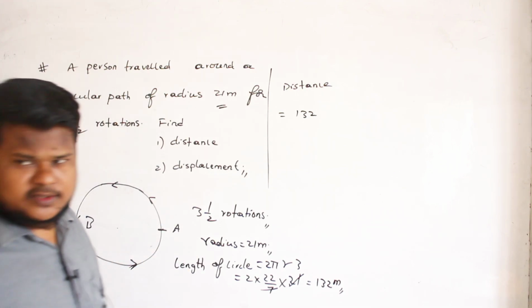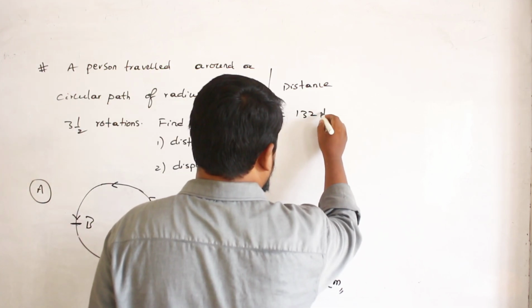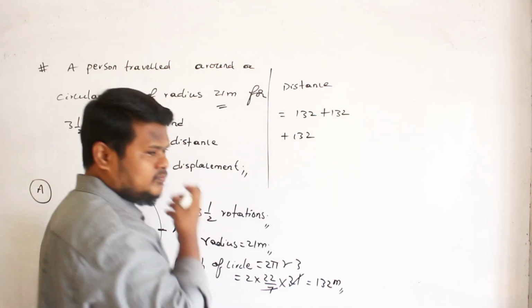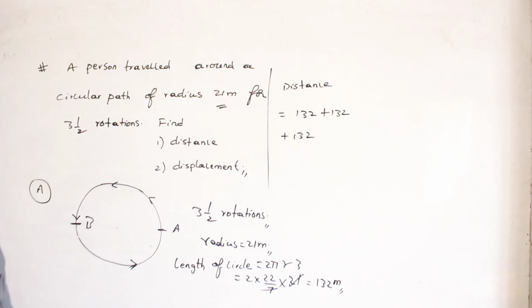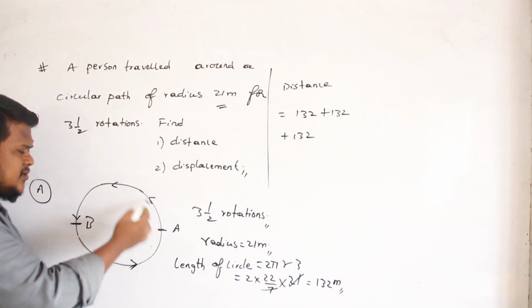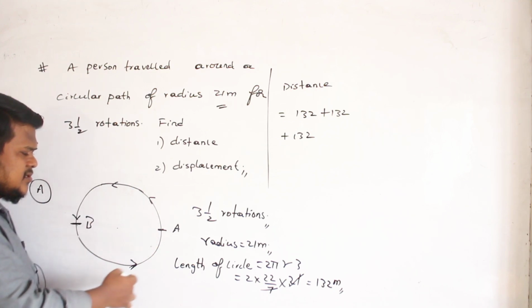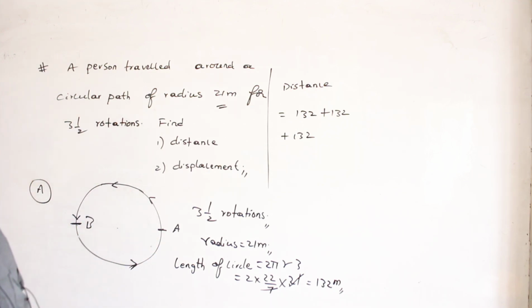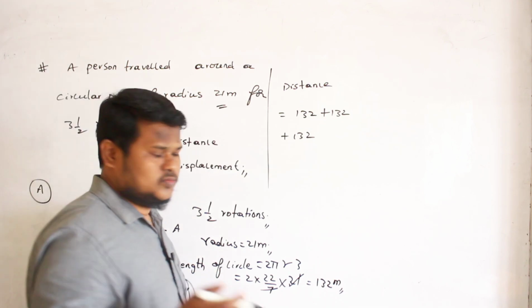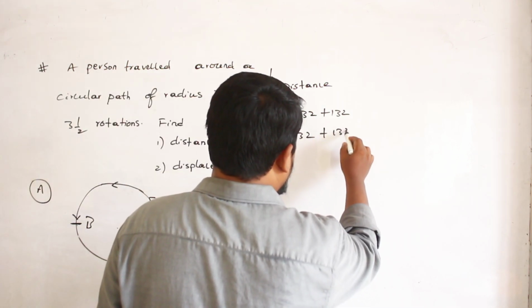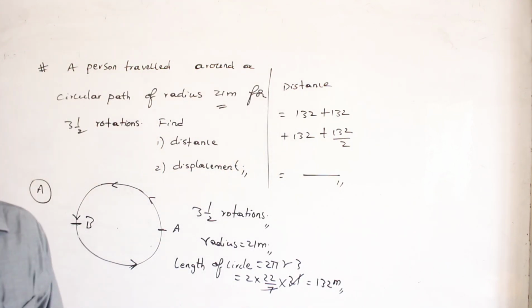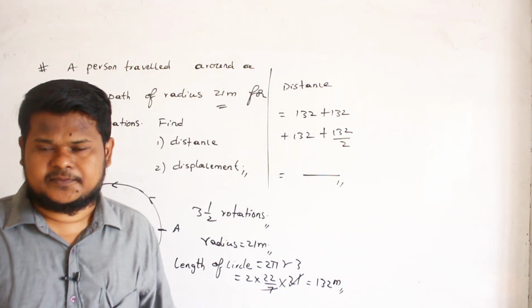For the second rotation, another 132. For the third rotation, another 132. There is another half rotation, which means 132 divided by 2. Do this total calculation. That will be the total distance traveled by the person.